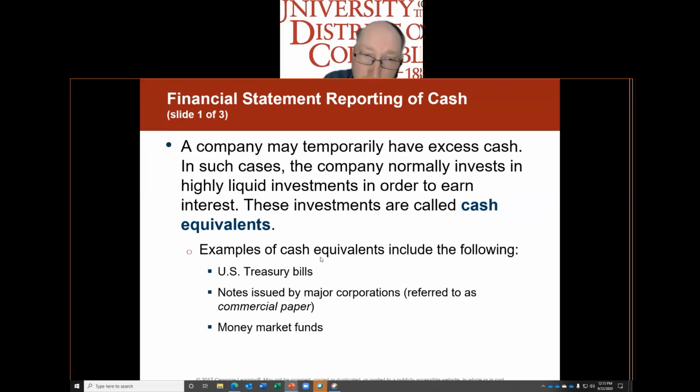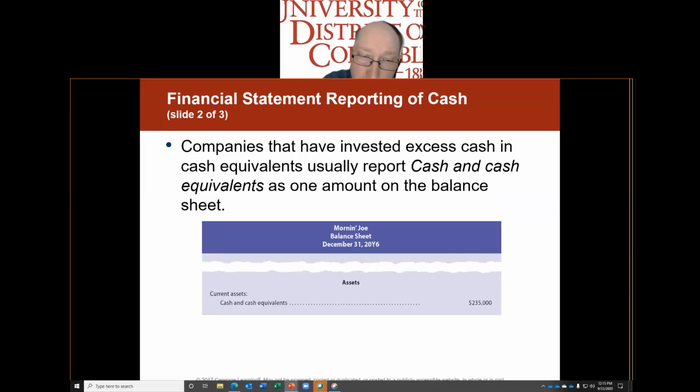These would include things like treasury bonds and notes or money market funds. It's really not as common, though. For larger corporations, it's kind of common, because businesses that have a lot of cash on hand, instead of just letting it sit in the bank, might invest that cash to earn interest. And when a company earns interest, they're basically earning additional revenue, right?